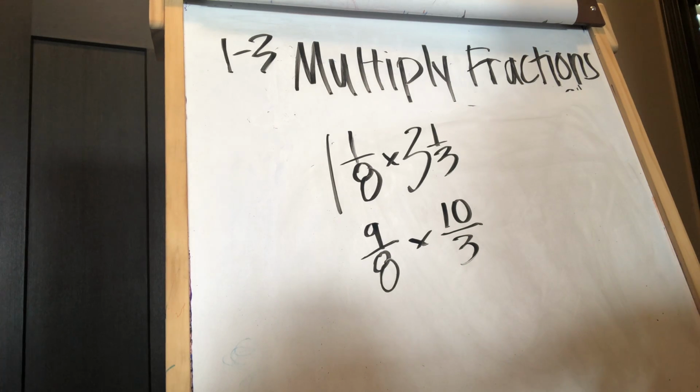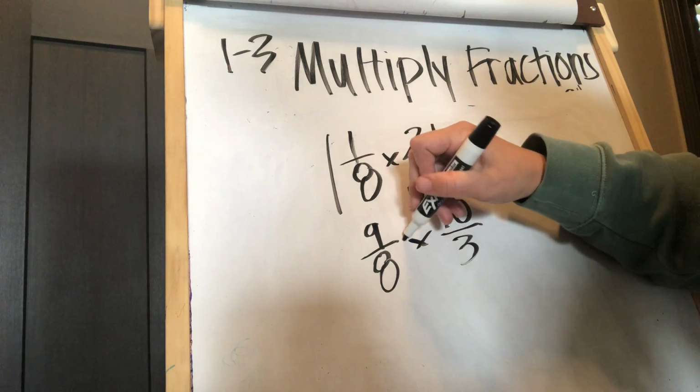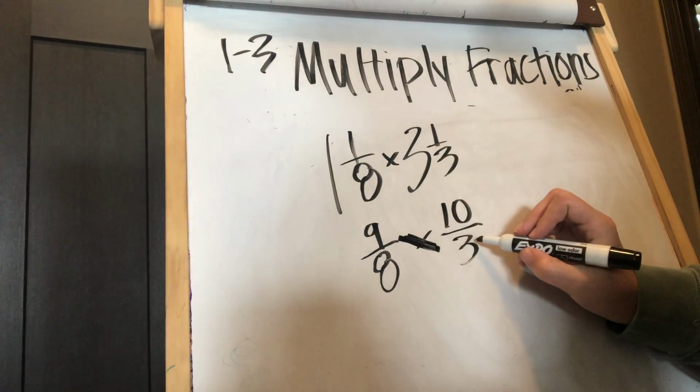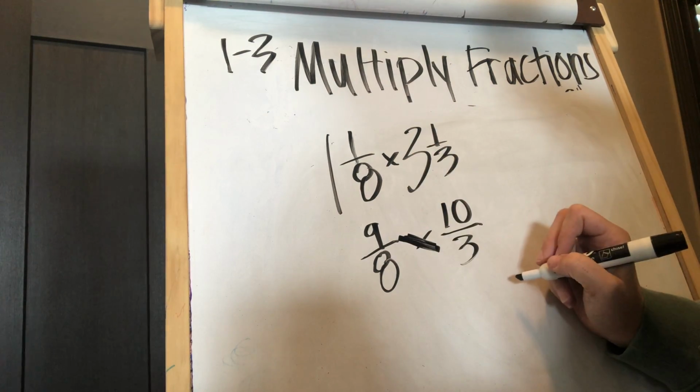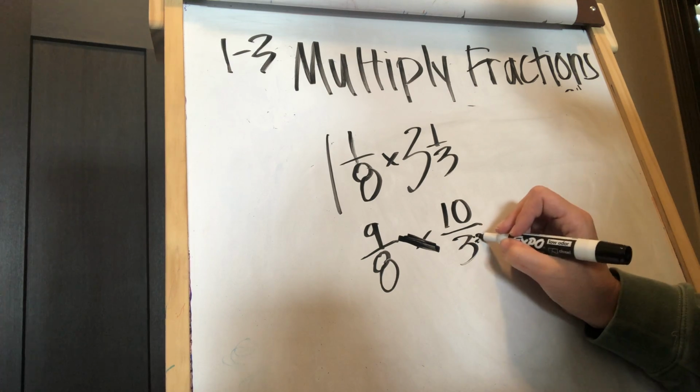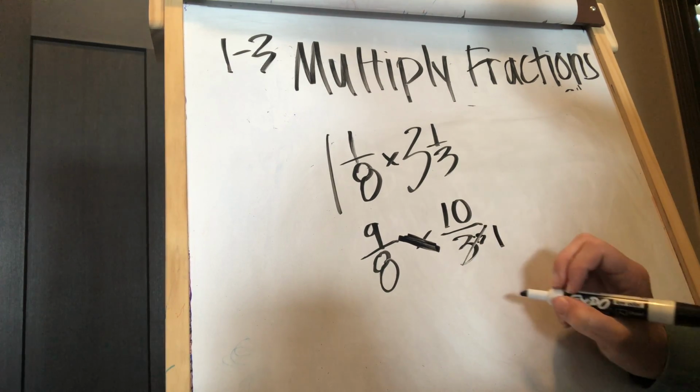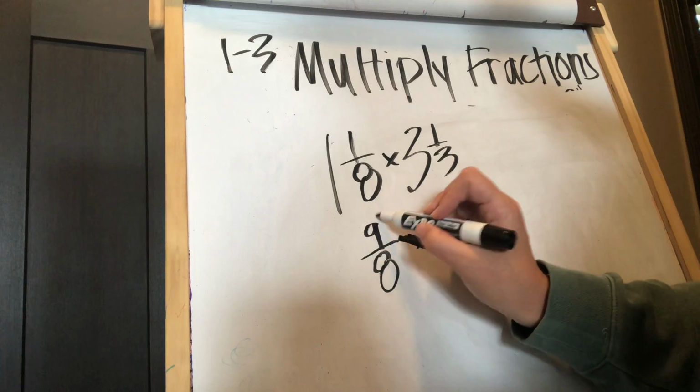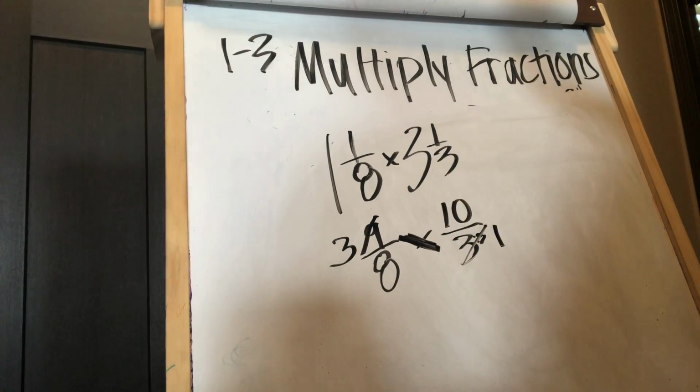This is a great example of showing how we can simplify beforehand. Remember, we're working crossways. So 9 and 3, I know that 3 goes into both those. So I'm going to divide by 3, and this becomes 1. I'm going to divide this by 3, and this becomes 3.